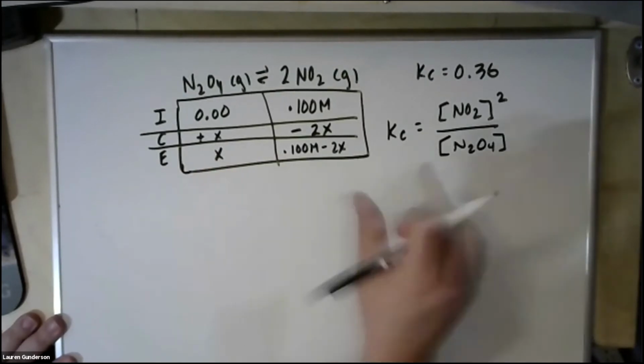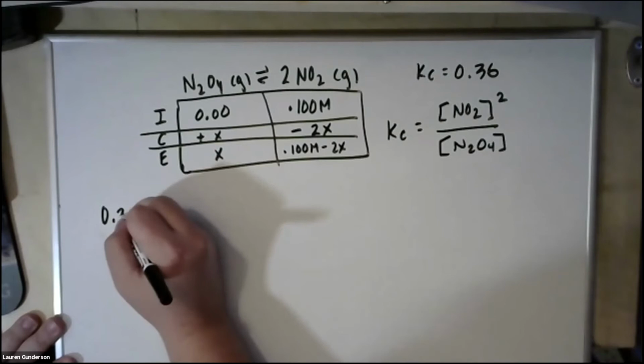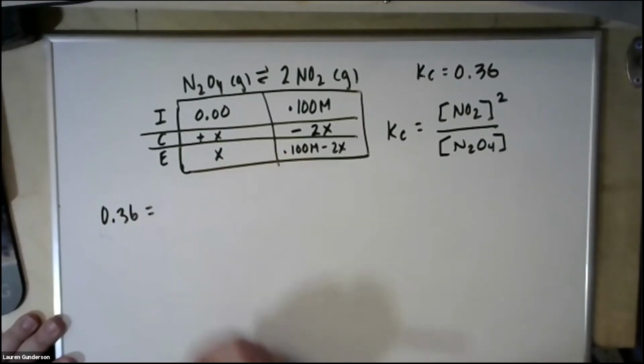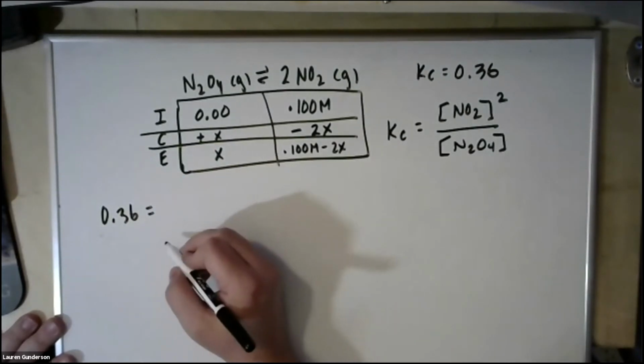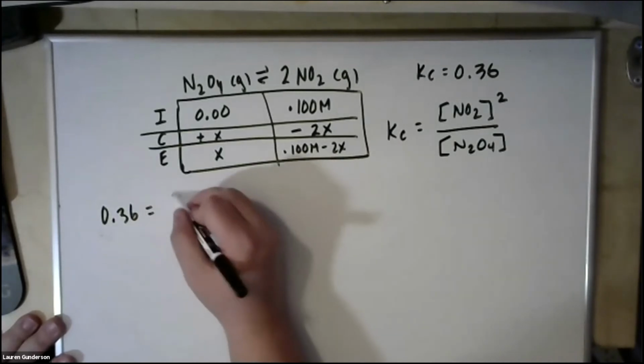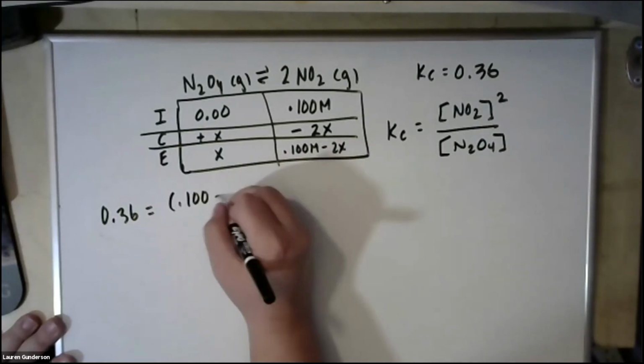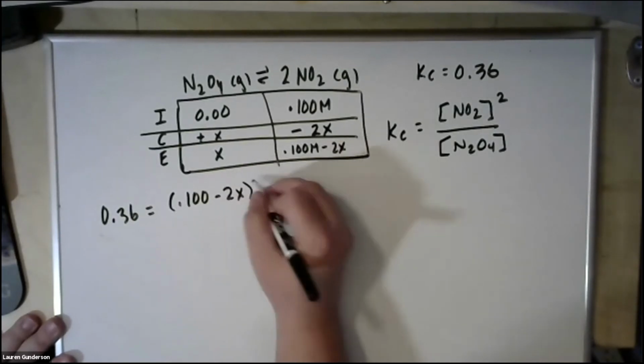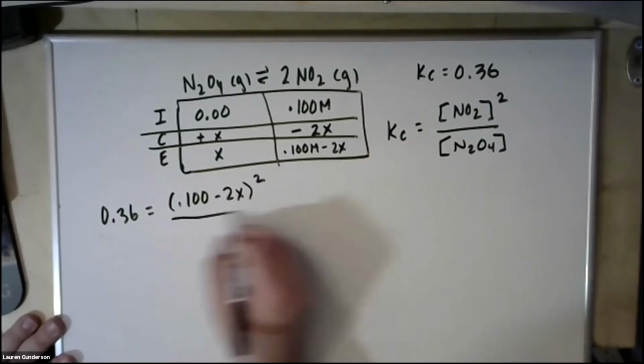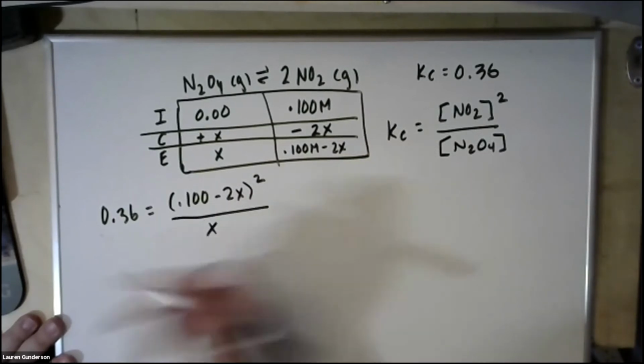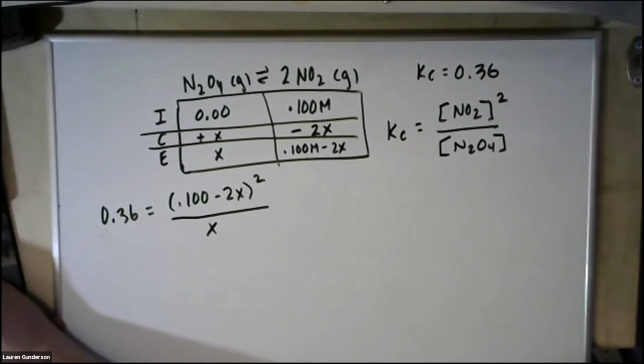So I'm going to plug in the 0.36 for my Kc. Okay, and then I'm going to have my NO2 value squared divided by x, which is my N2O4 value. All right, so we have to do two things right away to solve for this.